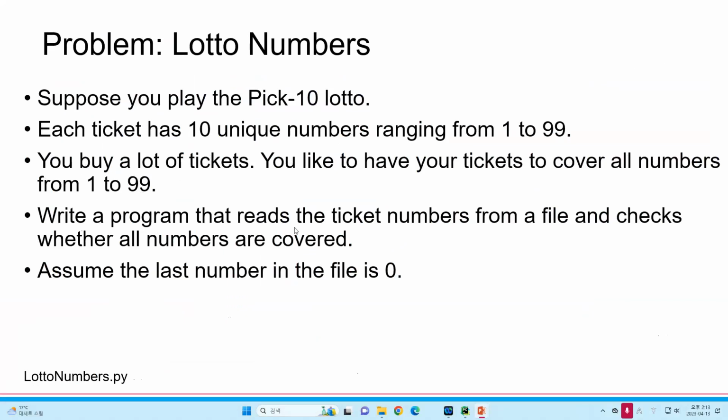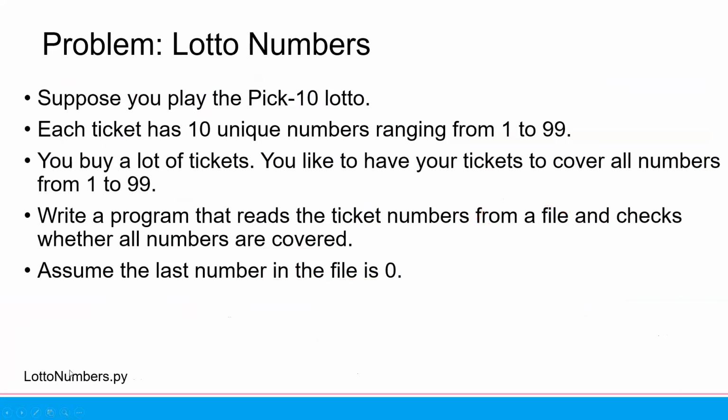Write a program that reads the ticket numbers from a file. Maybe I will not use a file. I will just use the input and check whether all numbers are covered. Assume that the last number is 0. So I will do the Lotto number.